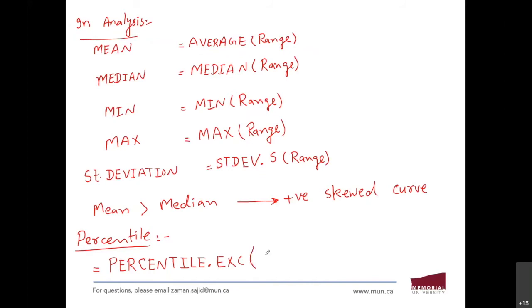Then you provide the range of your data, and then you input your percentile to calculate. For example, it could be 95 percentile. Now I'm going to take one example and I will show you how you do this in Microsoft Excel.